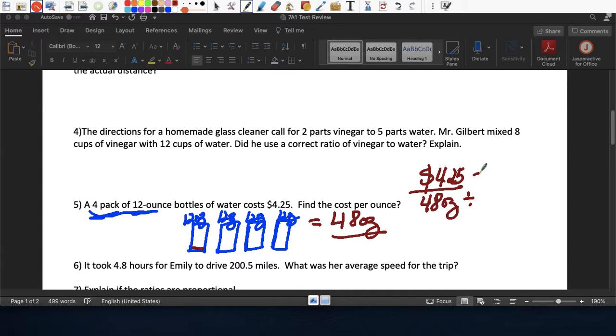Well, to find the unit rate, we're going to divide it by 48 and divide this by 48. So 1 ounce, and let's see, 4.25 divided by 48 equals 0.088. So we're going to round this to about 9 cents. So every ounce here costs you 9 cents.